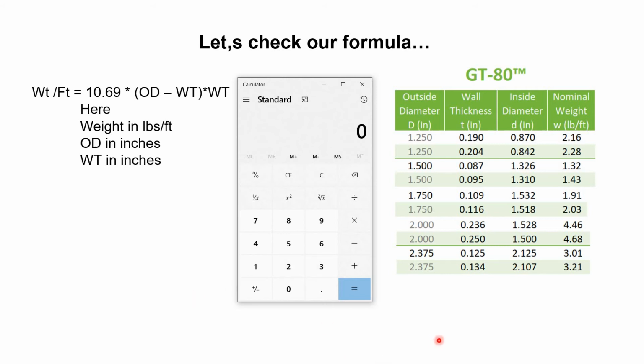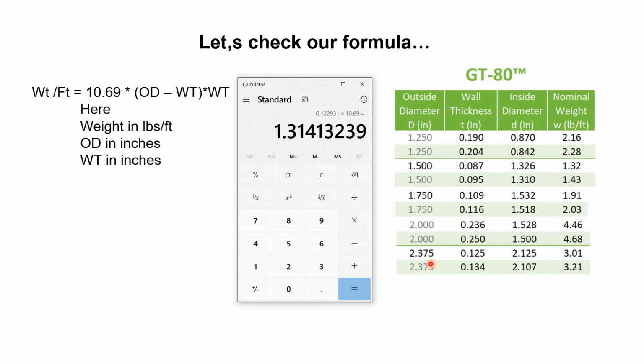So 1.5 minus 0.087, multiplied by wall thickness 0.087, multiplied by 10.69. So it is 1.31, approximately 1.32, which is exactly the 1.32 in the technical data sheet.